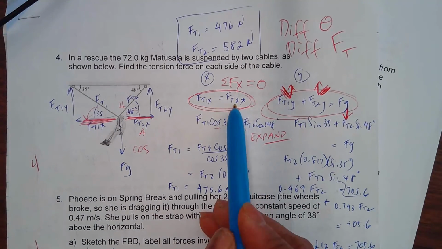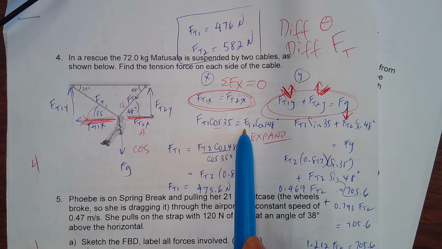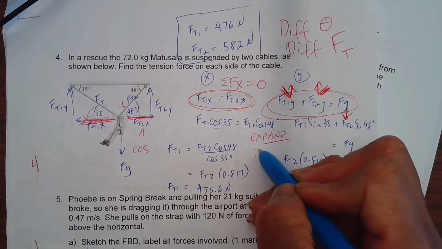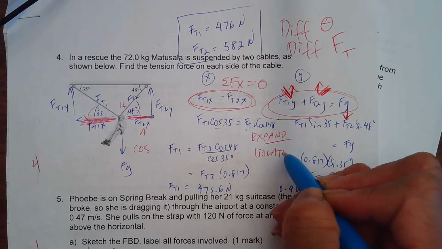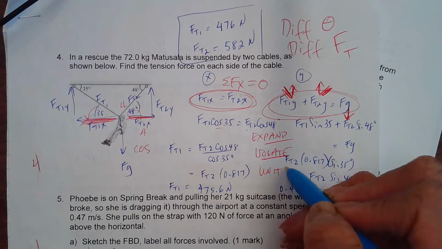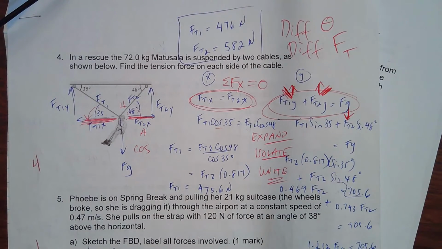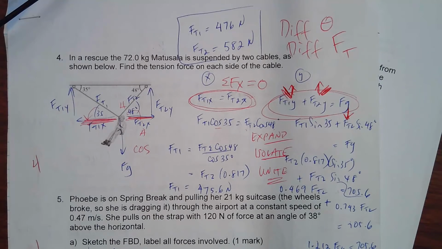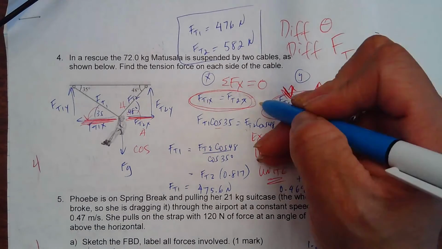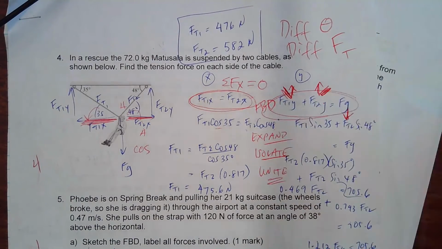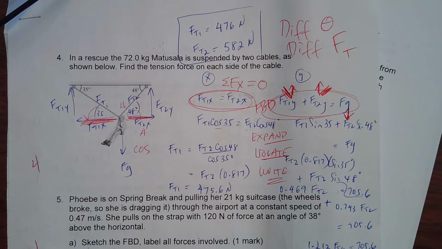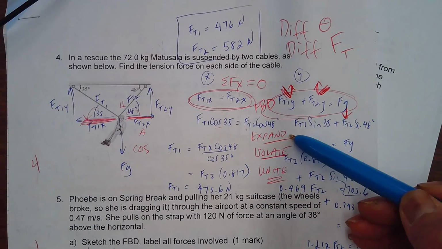Okay? Once you have that: expand, isolate, unite. Those are the steps. The last step, unification. So you write the FBD. You start with the FBD. Step 1, FBD. That comes with the equation, the FBD equation. Then expand on the equation, isolate it, and then unite them.